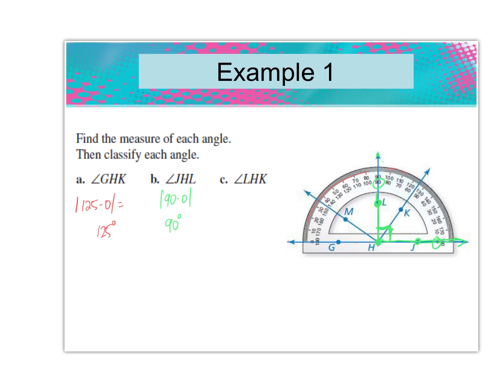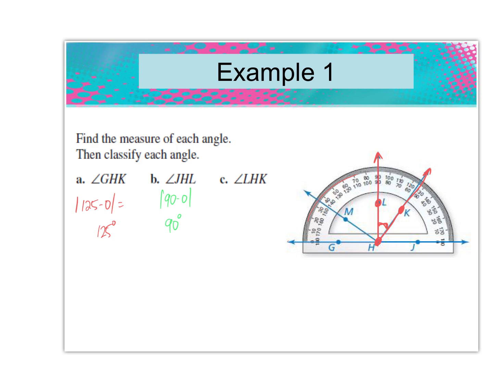Okay, so again, we're going to erase that one. And now we're going to go to the third angle. The third angle here we're going to look at is LHK. I see it as starting at L, going to H, and then to K. And since I know these are rays, it goes out this way and out that way. But this is the angle in question.